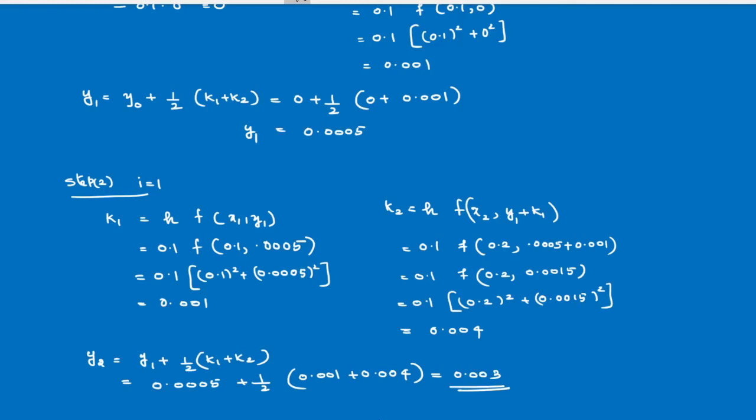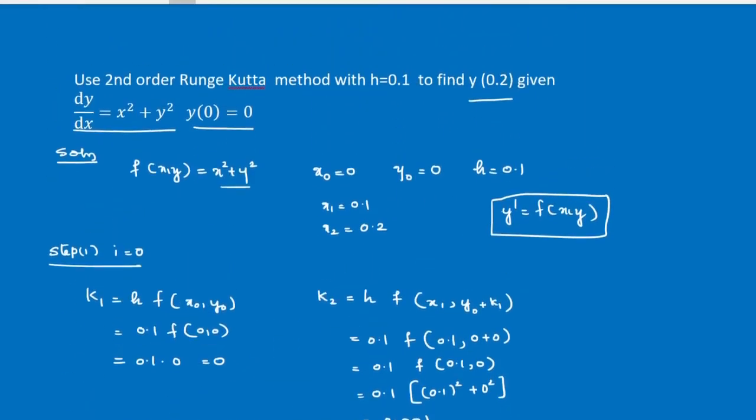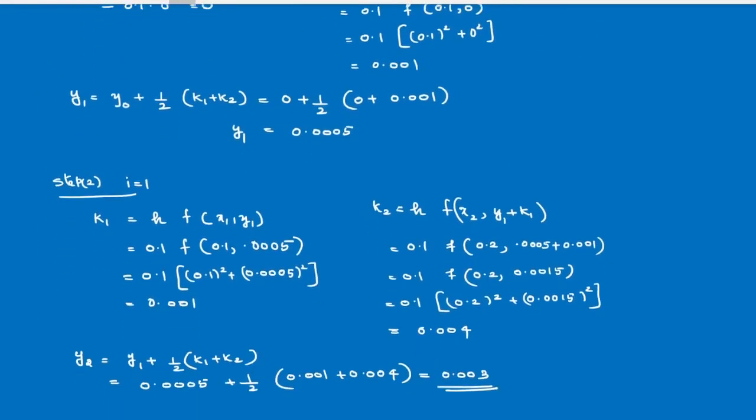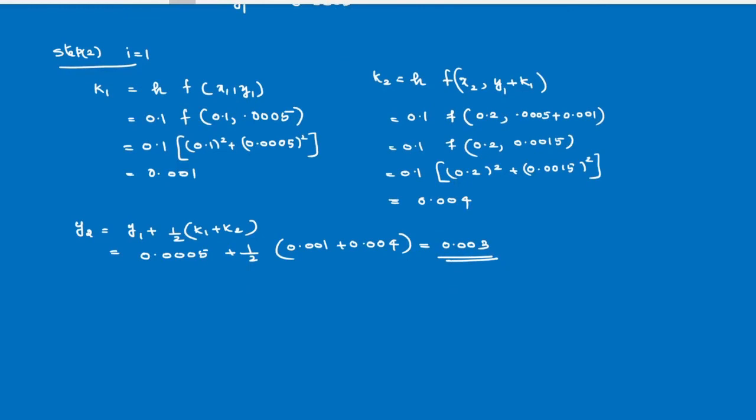This is your final answer, y2. What you have to calculate is y of 0.2, which corresponds to x2, that is, you have to evaluate y2. I hope you understand. Now we have got the solution as y2 is equal to 0.003. I hope you understand. Thank you for listening.